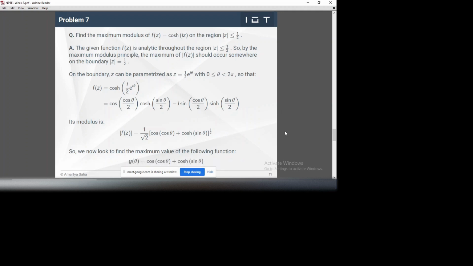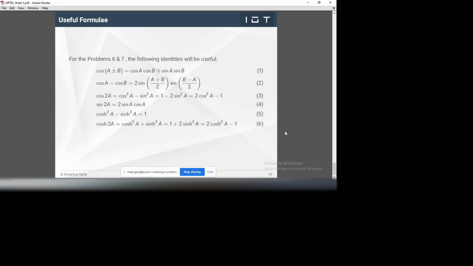Of course again you will have to go through tedious algebra, and the functions that will be useful are 5 and 6. These are the two identities that will be useful. Cosh square a minus sinh square a is equal to 1. Compare this to cos square a plus sin square a equal to 1.